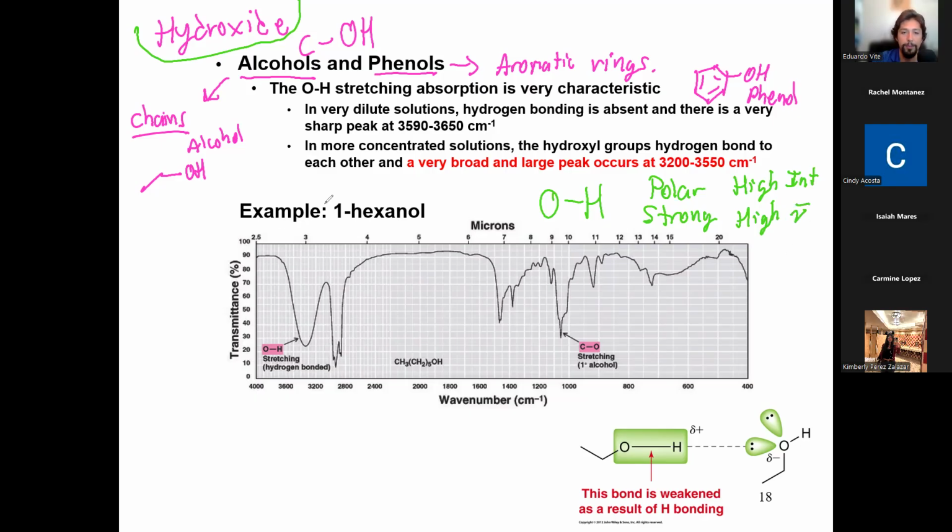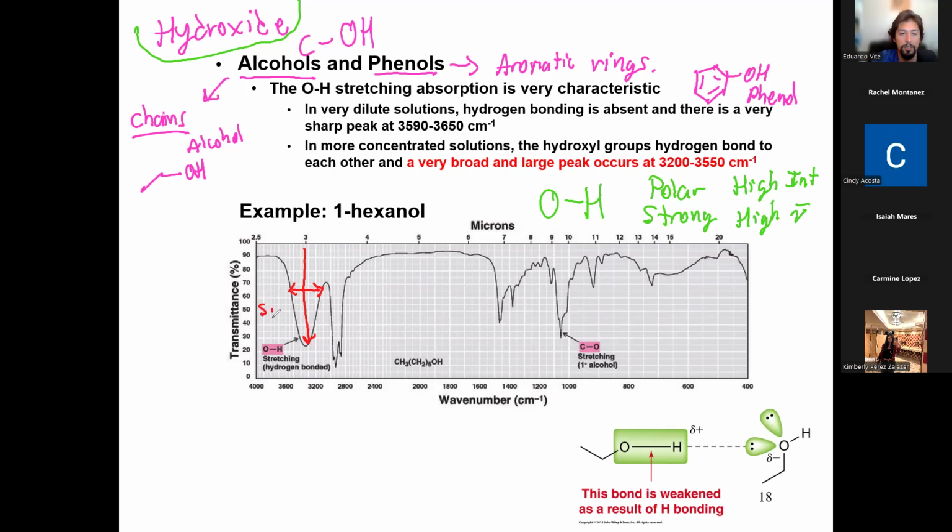And sure enough, if you look at our example down here, you can see the OH signal. I'm going to use the color red. This very broad, strong signal, right? Because I would call that strong for sure. Definitely noticeable. You might want to call it medium strong even, sure.